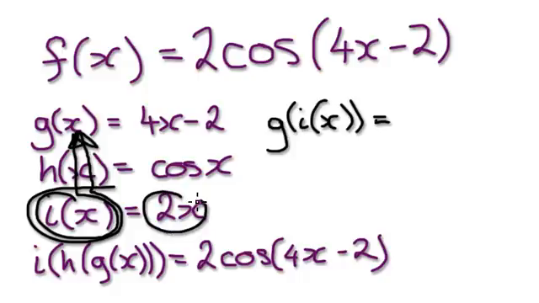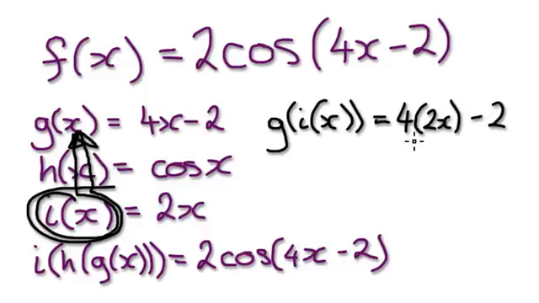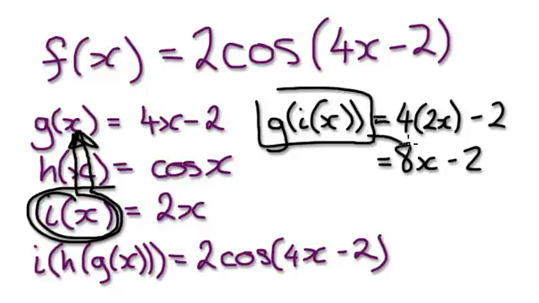It would give us this. Well, if you're putting this into here, it would be 4 and then bracket 2x, close it off, minus 2. So here, and then you would just tidy up. So this then becomes 8x minus 2. Okay, so this function here will then become this, as opposed to this.